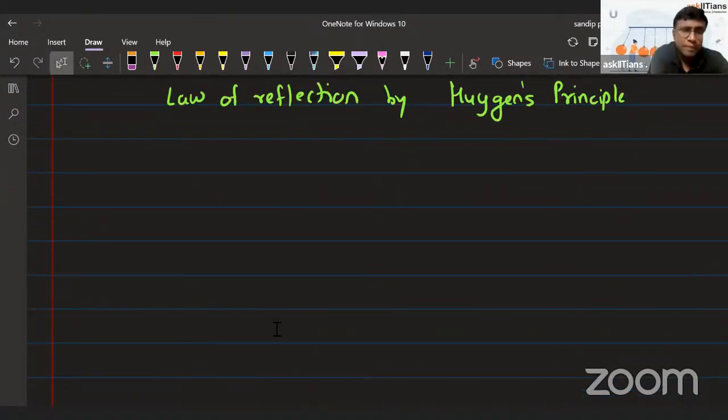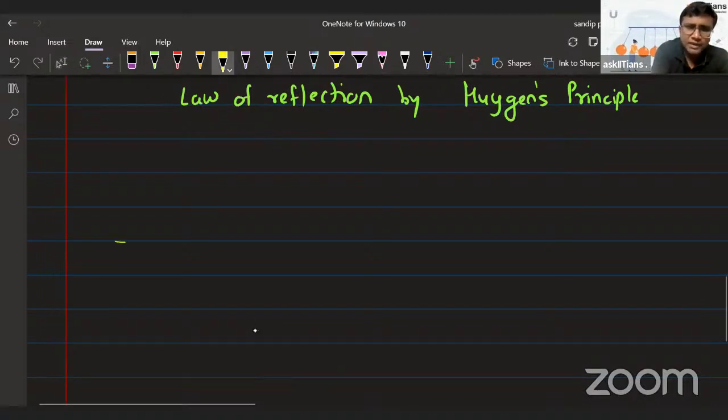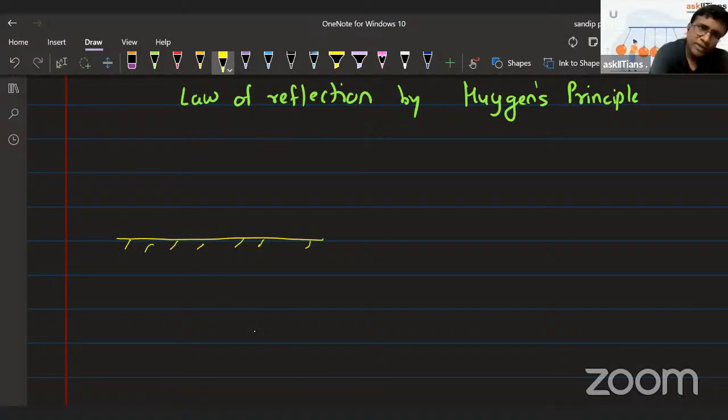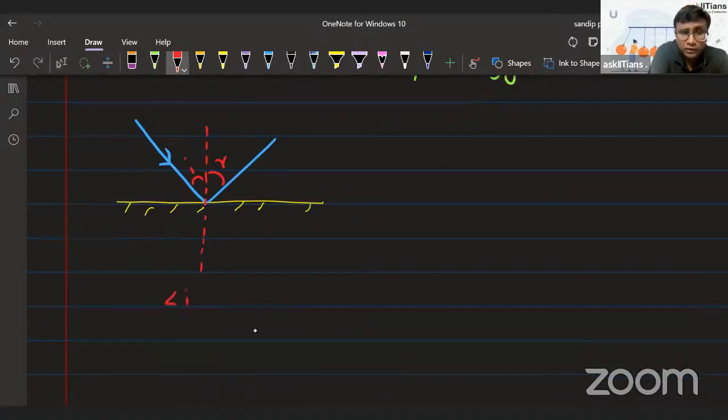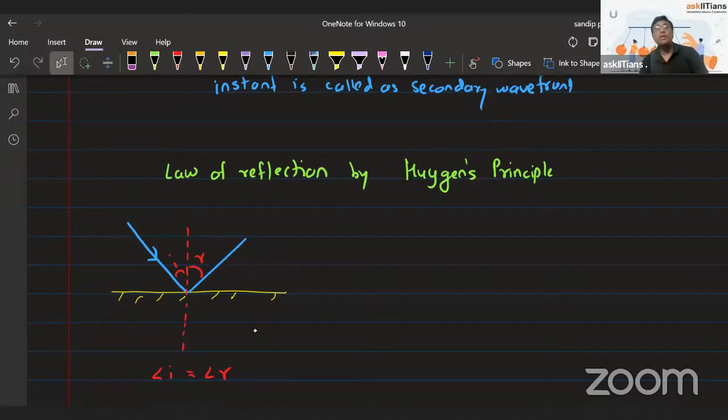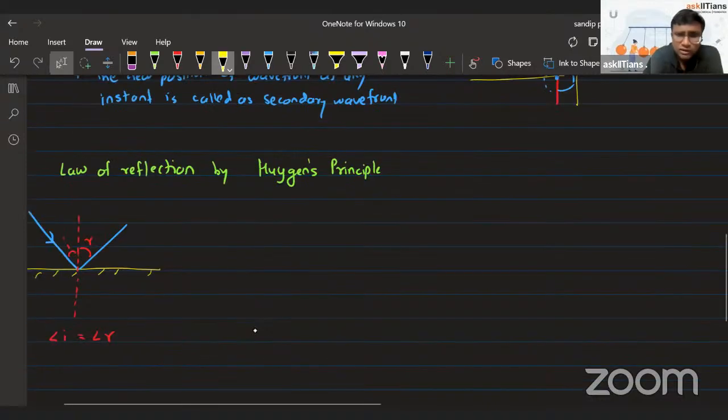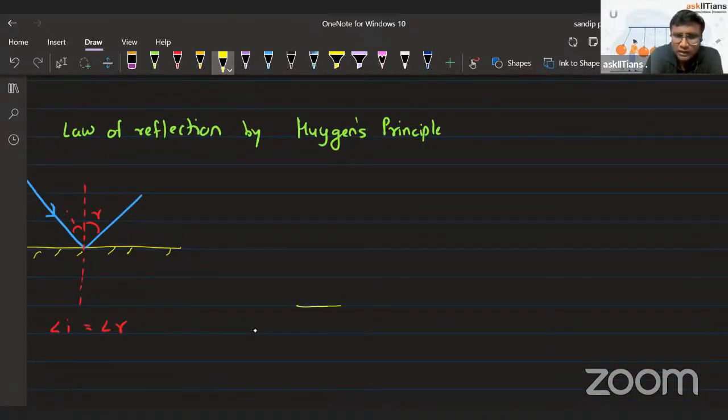Already, if you remember the law of reflection, we know that if there is a mirror like this, which has the incident ray and the normal like this here, making an angle I, right? And this is the angle R, and we say angle I is equal to angle R. The same thing we are going to prove using the Huygens principle or Huygens wavefront concept, right? So let's see how it works. This is a derivation they might ask in the exam.